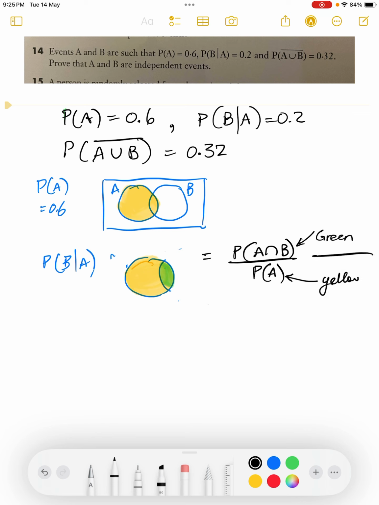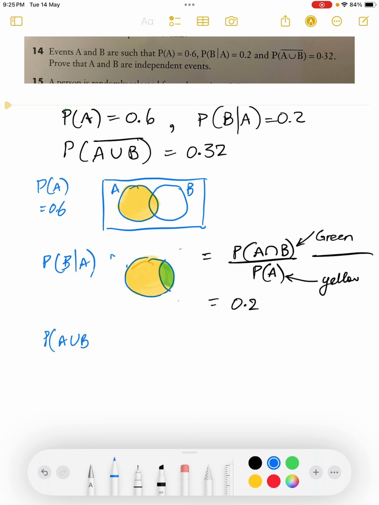So it's whatever the green part is divided by the yellow part. That fraction is 0.2. This is just giving you an idea of what sections we've got.